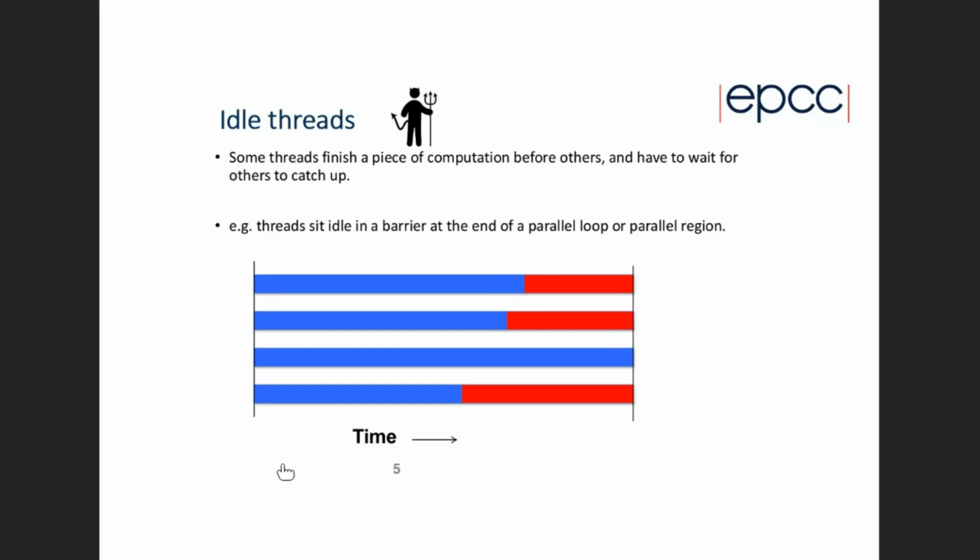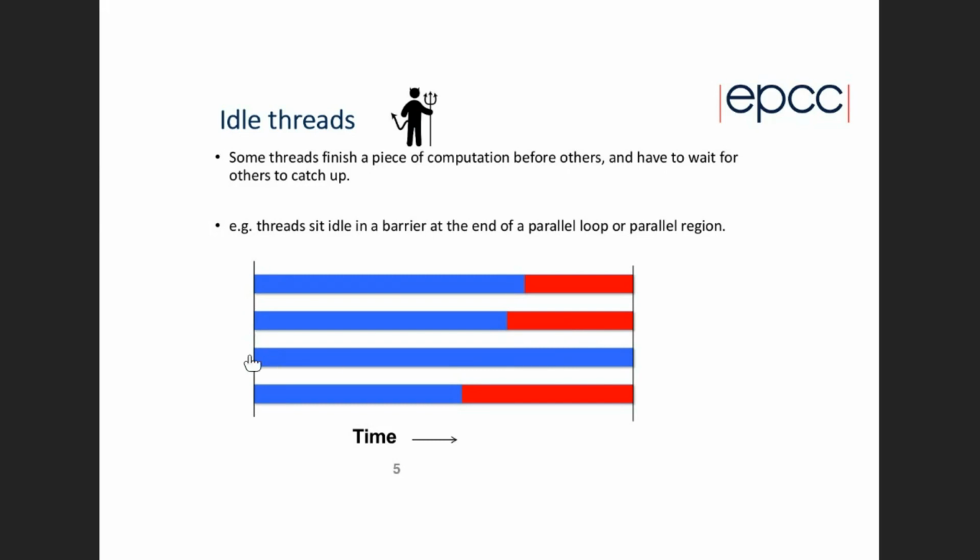Very typically, if I imagine that I've got an activity diagram like this, where time goes from left to right, and each bar represents the activity on one of the threads. We've got 4 threads here, and the blue bit is where the thread is doing some useful work, and the red bit is where it's finished and is waiting for other threads.